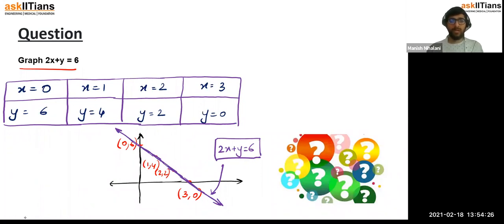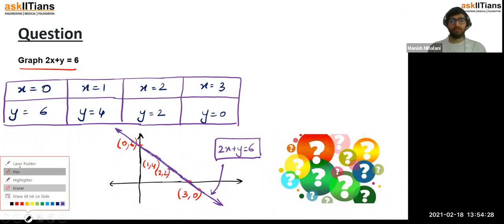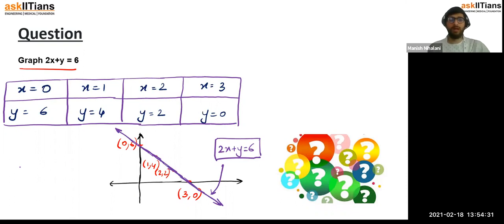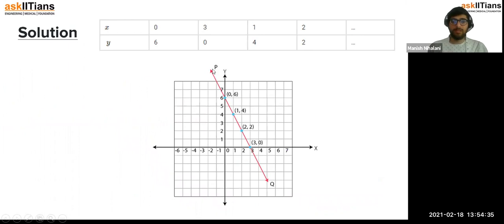But here we have only one equation, so we are restricting ourselves to drawing the graph and finding some points. So as you can see, this is the graph of the linear equation 2x plus y is equal to 6, right?